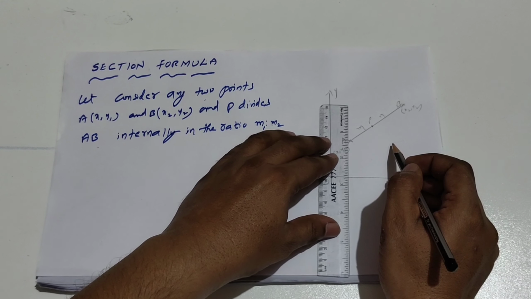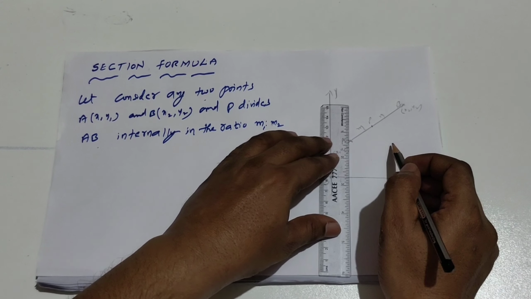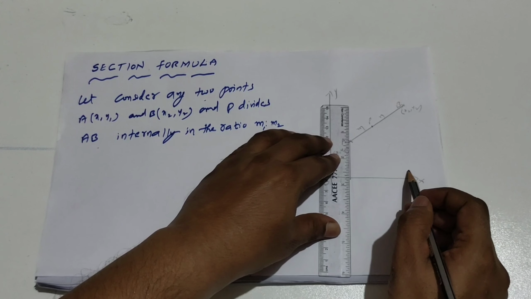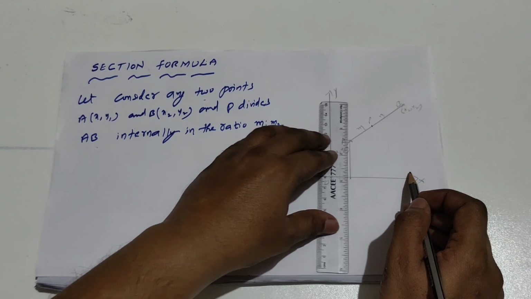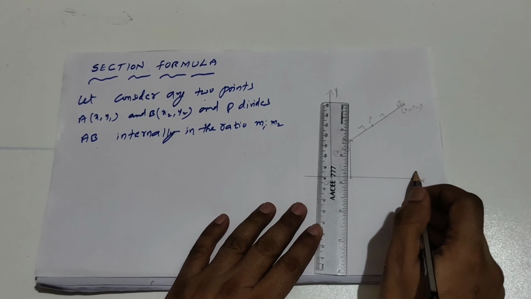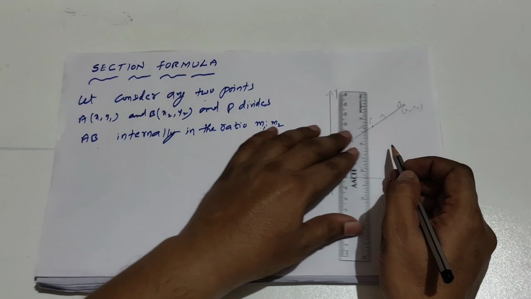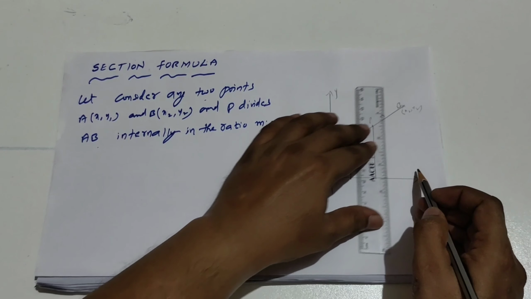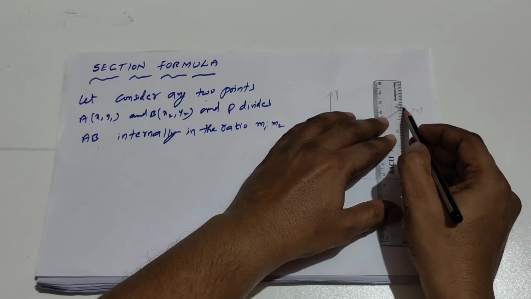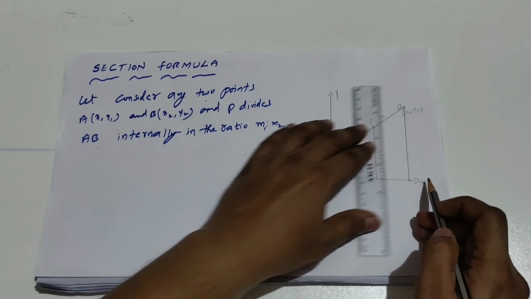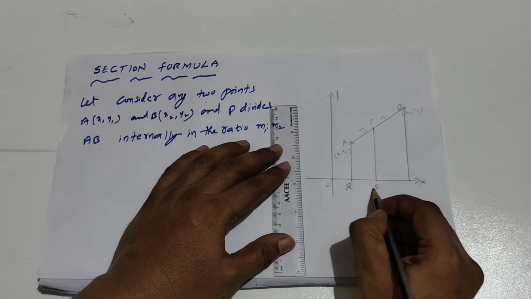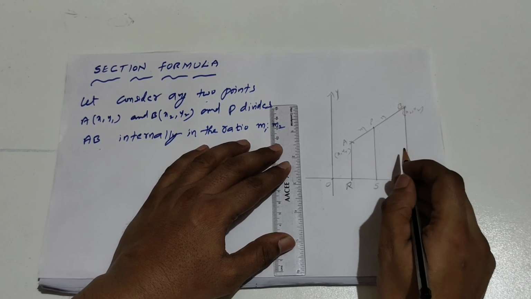So now let us draw the perpendiculars from A to the x-axis, and from P to the x-axis, and from B to the x-axis. Let us consider those as AR, PS and BT.